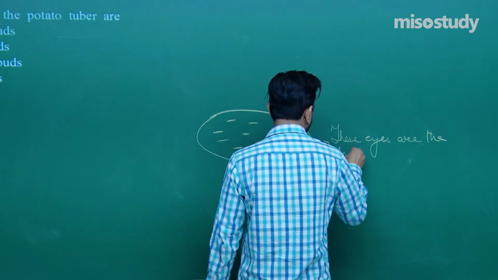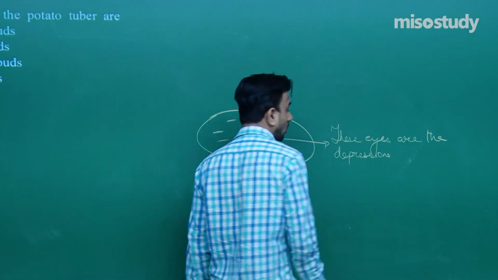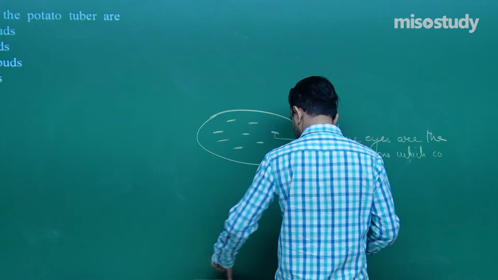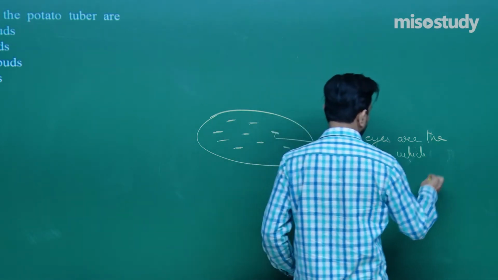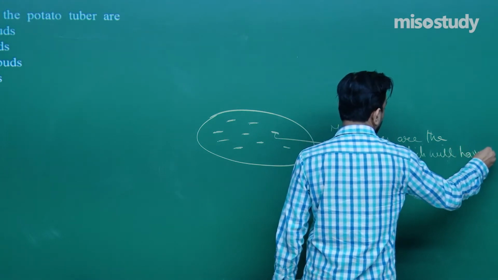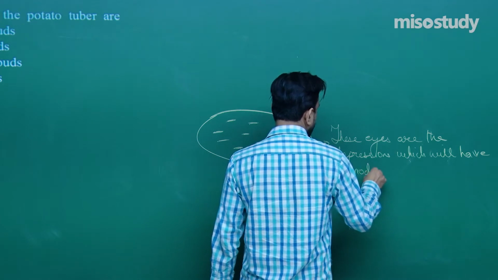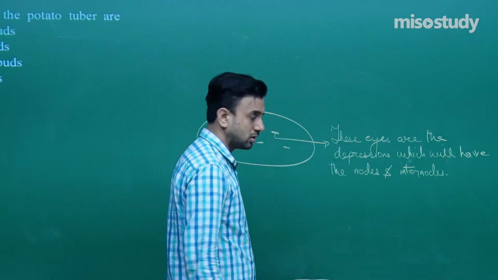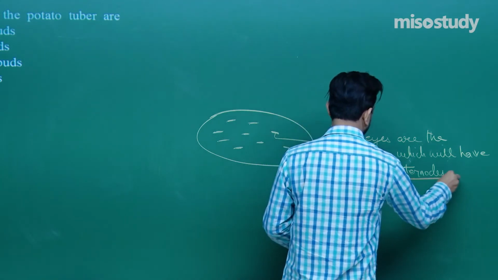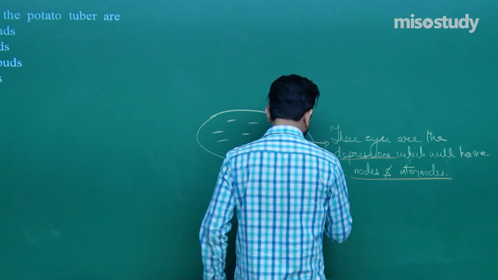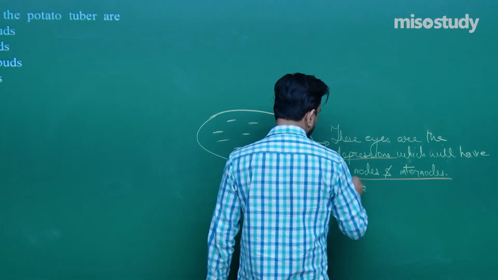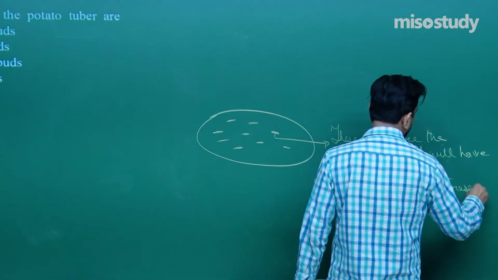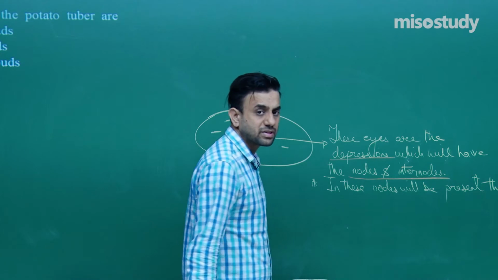These eyes are the depressions which will have the nodes and internodes, and in these nodes will be present the axillary buds.